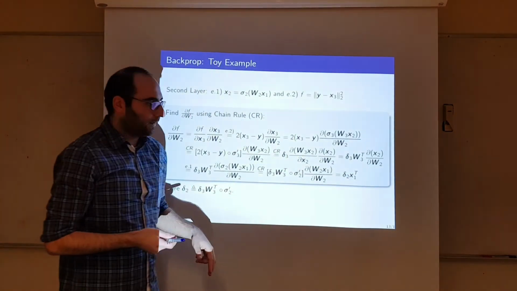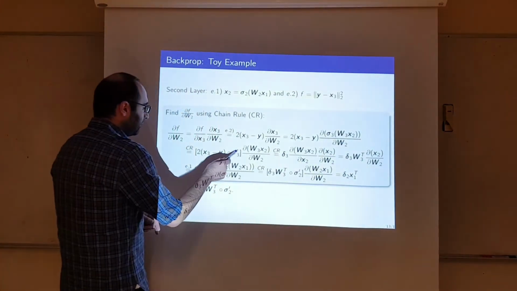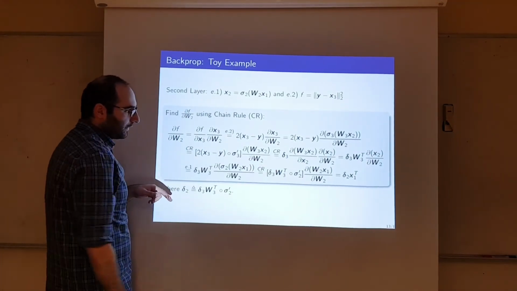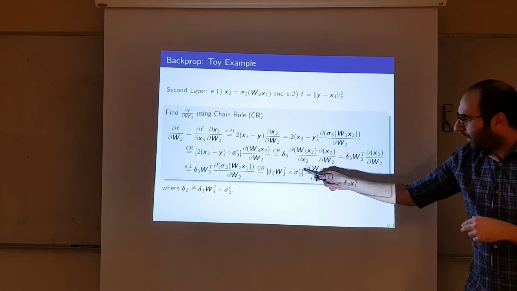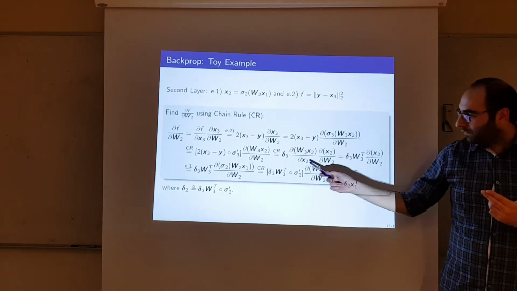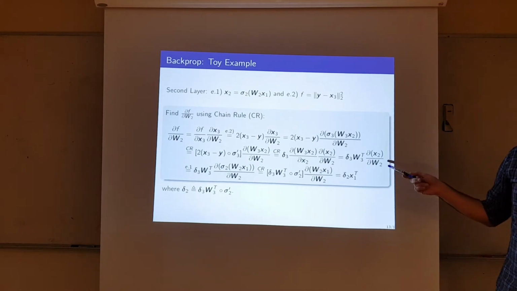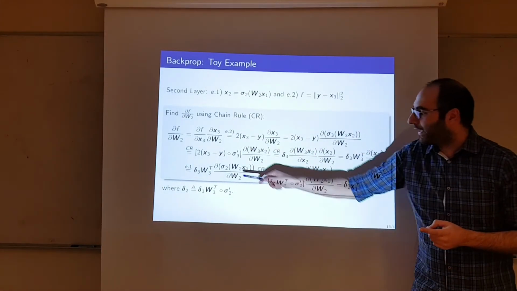We will see why. So now we have delta 3. Recall from the previous slide that this quantity is equal to delta 3. So now we have delta 3 over here. And then the second part is linear in W3, so it gives us W3 transpose. Finally, we have the gradient of x2 with respect to W2, where we can do the last step of replacing x2 by its value.